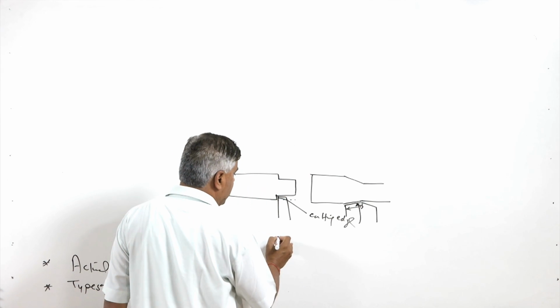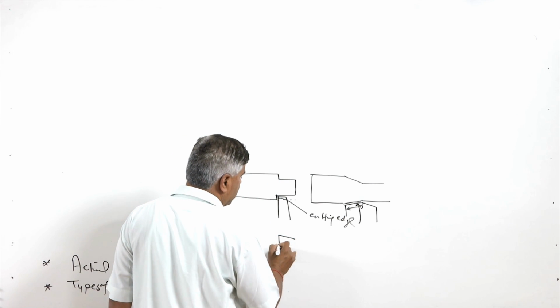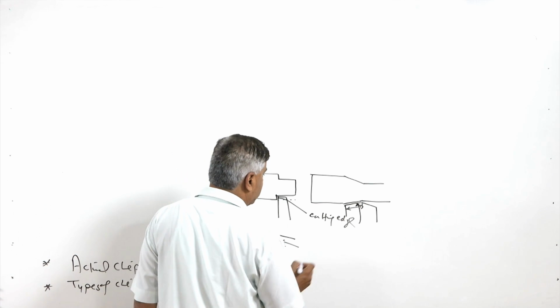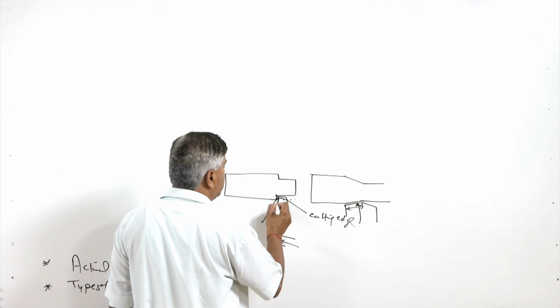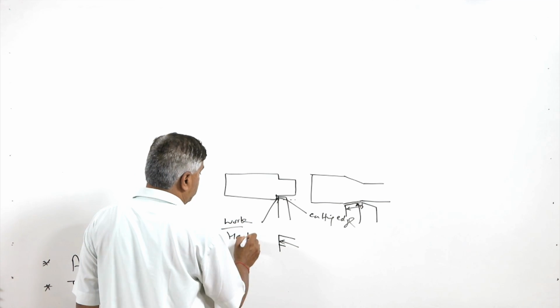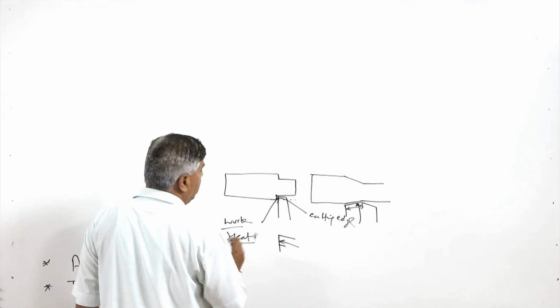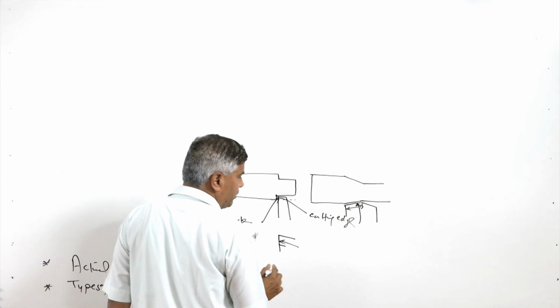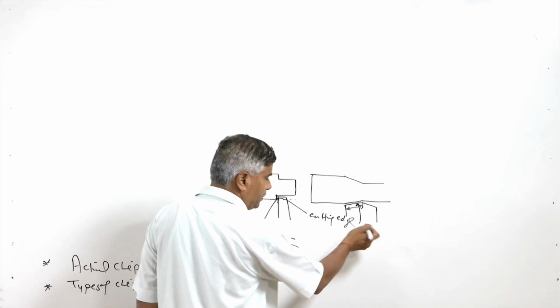One more thing here, whatever heat is generated is localized over a very small length in case of the orthogonal cutting, because under identical conditions some work will be done that will be converting into heat, and the heat will be localized over a much smaller area in case of the orthogonal cutting as compared to the oblique cutting.